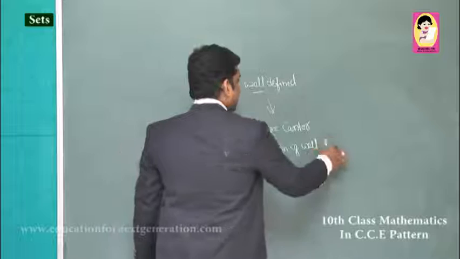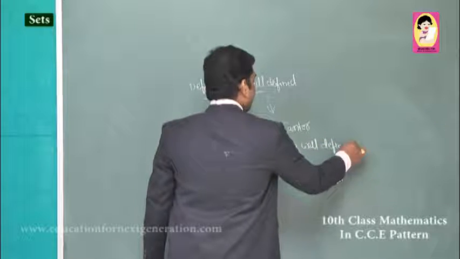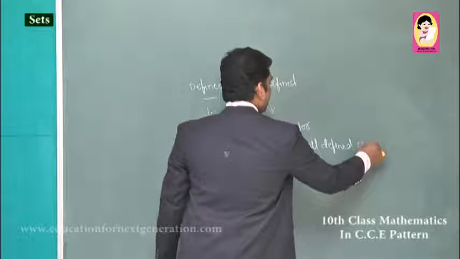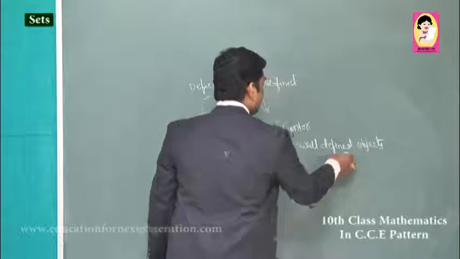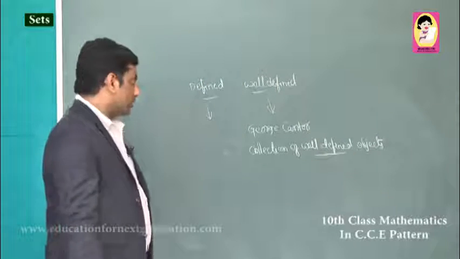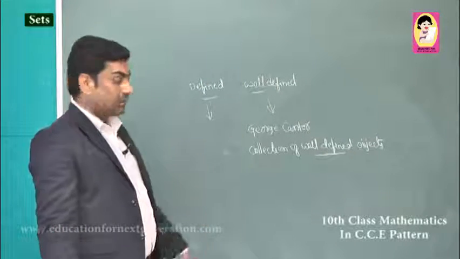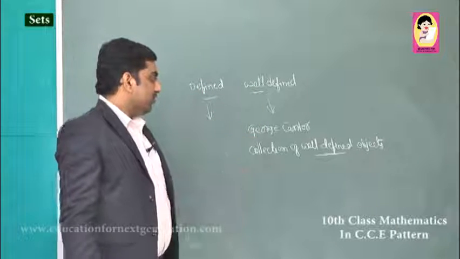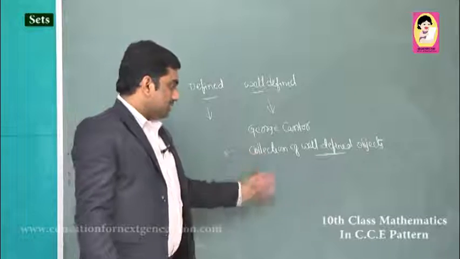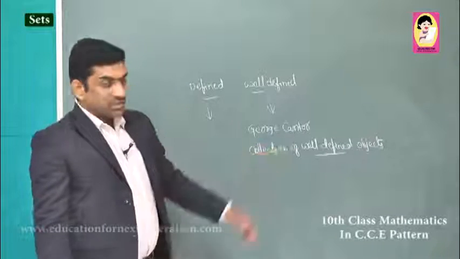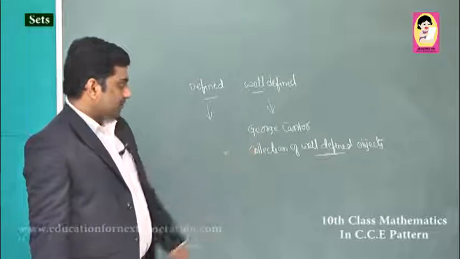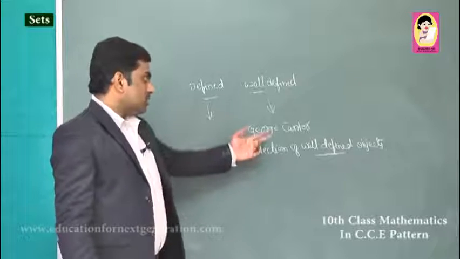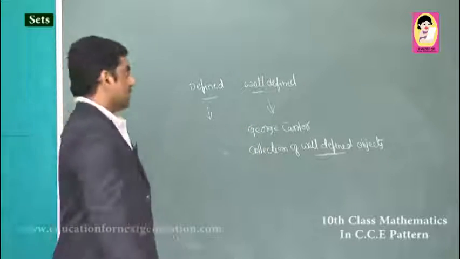So here we get the word well-defined. Already I have given many examples to understand defined and well-defined. We can collect only well-defined objects. Then that collection is called a set. A collection of well-defined objects is called a set, according to George Cantor from Germany.